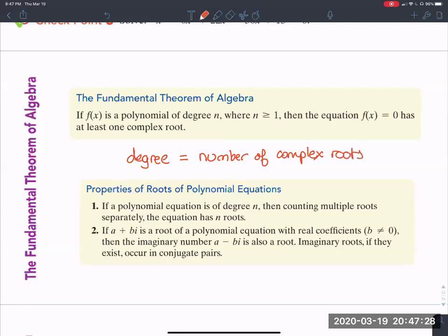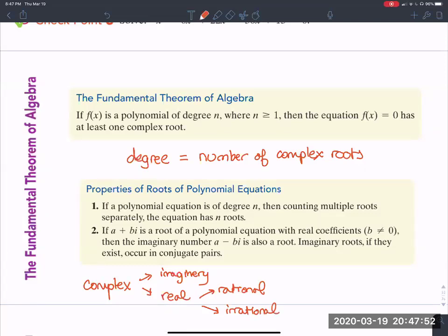So remember from our discussion, complex numbers can be both imaginary and they can be real. And if they're real, they can be either rational or they can be irrational numbers.